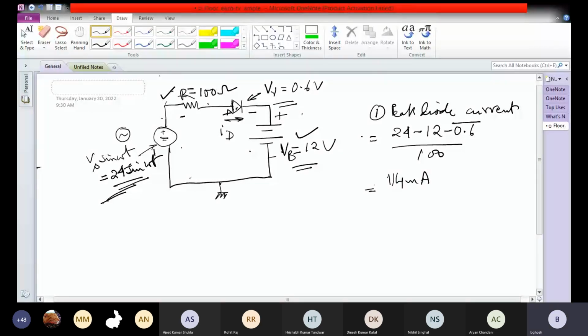So this is Vs minus Vb minus V gamma by R. There's no doubt about that.